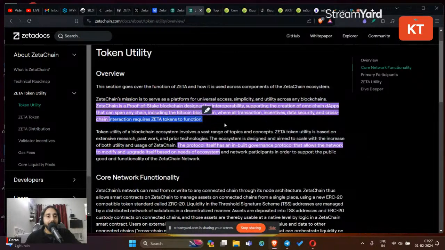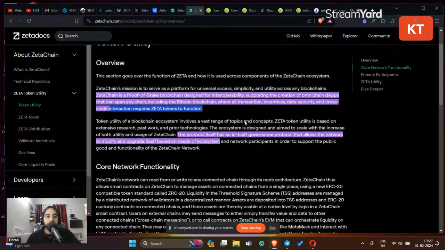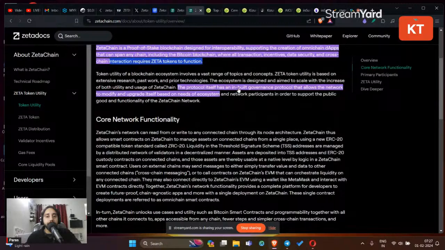So every now and then they are repeating the message that they are the most interoperable blockchain that can communicate with any other blockchain. That's why they are omni-chain, and that's why they're deploying omni-chain dApps, so that your app can interact with any other blockchain without worrying about the bridges or anything else. The protocol itself has a built-in governance protocol that allows the network to modify and upgrade itself based on the needs of the ecosystem.